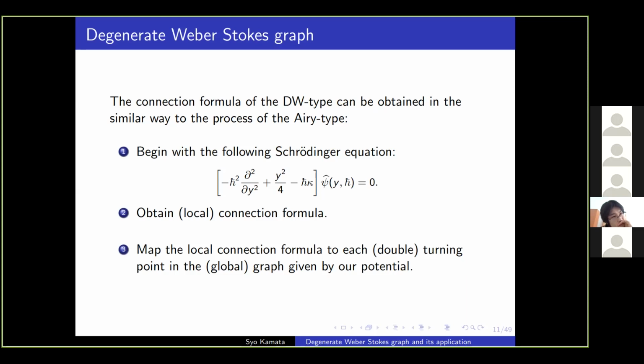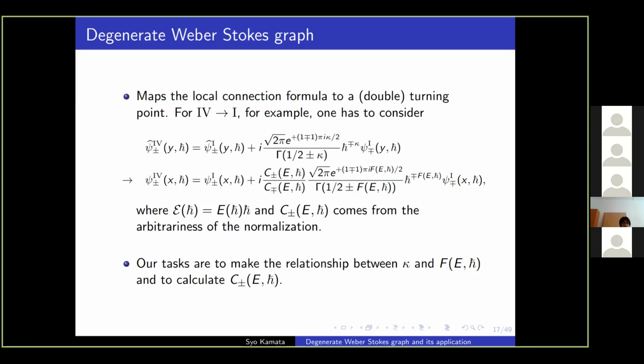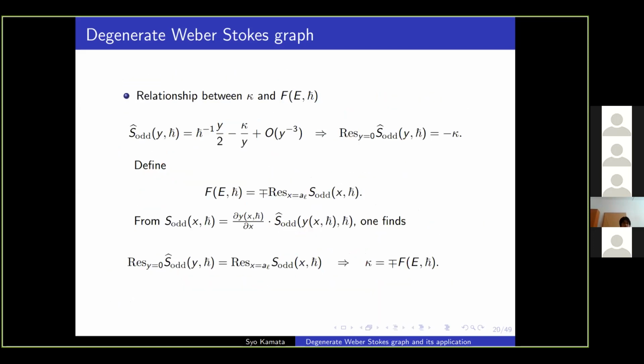Yes, indeed, it's true for this Weber equation, but we want to consider a global potential, not just a double well, to do such stuff. So the basic Degenerate Weber equation is just a local analysis of our global potential.